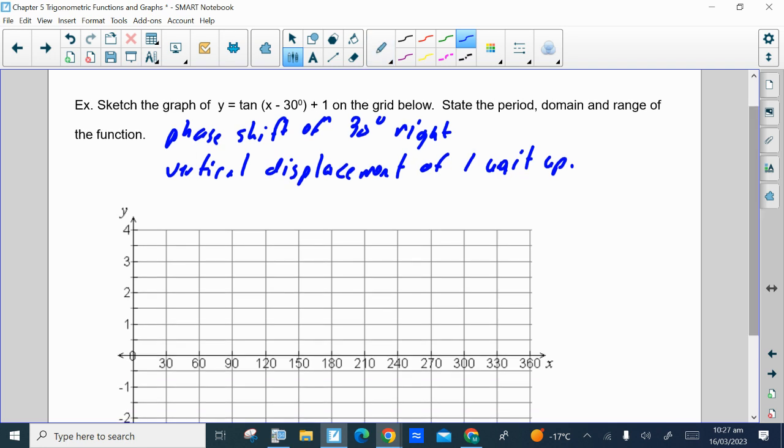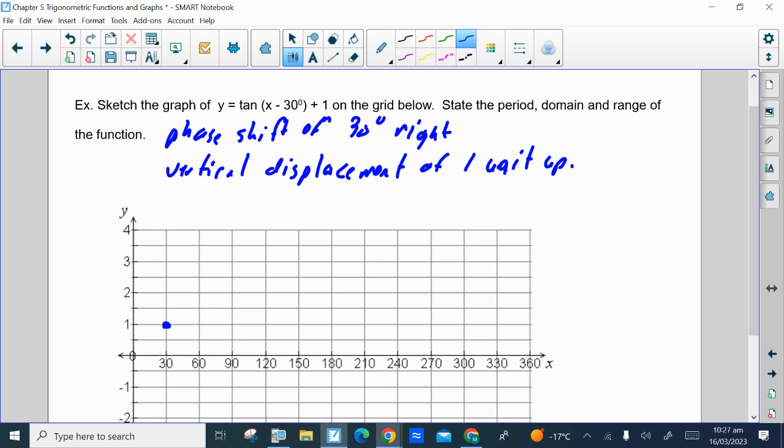So the graph of tangent normally starts at 0, 0. This one will shift 30 degrees to the right and 1 unit up. So that first point of inflection will be at 30, 1.